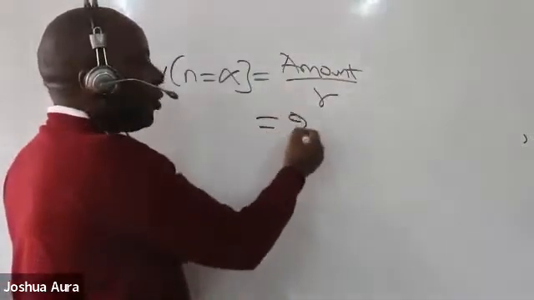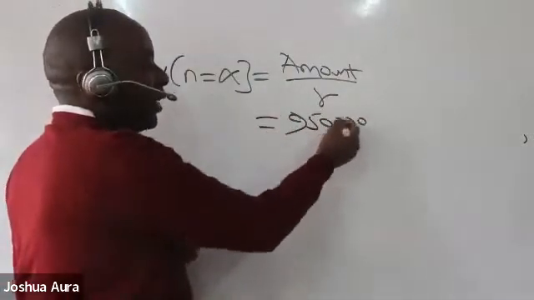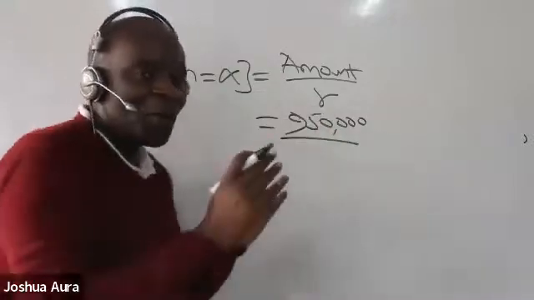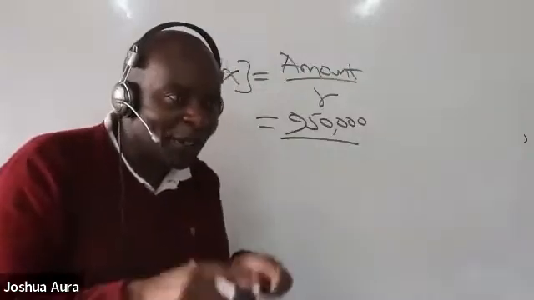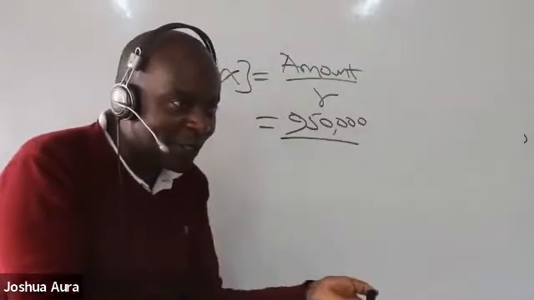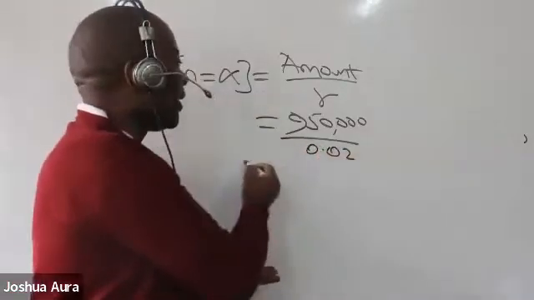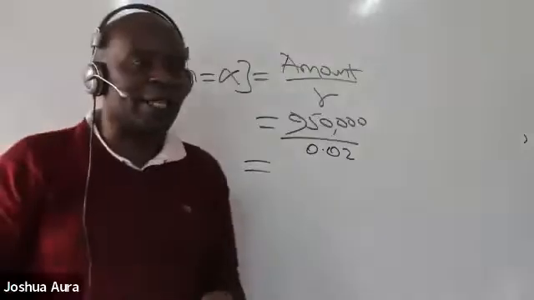The amount you gave me was 950,000, all over R, the required return. Remember, we only have equity investors who are demanding 2%, that is 0.02. So the present value will be equal to what here?